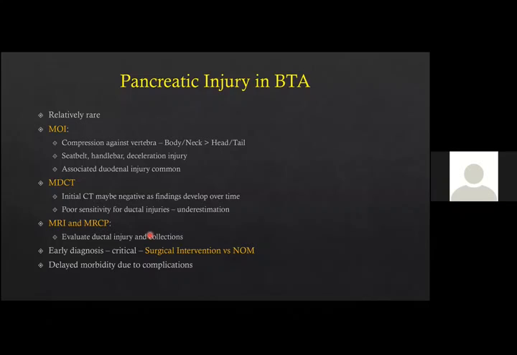Moving on to MRI and MRCP, they can be called the workhorse in detailed evaluation of pancreatic injury, and they are very good in evaluating the ductal injuries and the surrounding collections which happen as a late consequence. So early diagnosis here is critical, as we have to decide between surgical intervention versus non-operative management. And delayed morbidity, that is when the patient presents in a delayed setting, we'll see in the cases how it becomes more complex to treat.